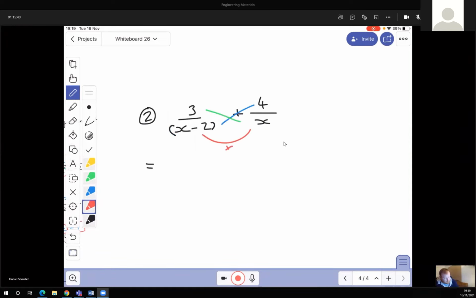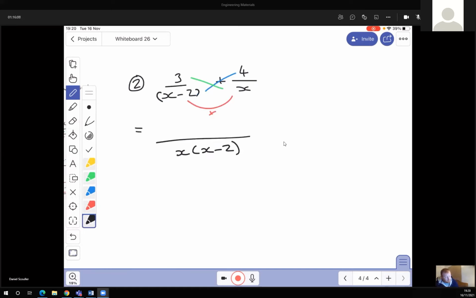Okay, so we multiply them together down the bottom to get our common denominator. Now, remember in algebraic functions, I've put the x on its own in front of the bracket, just because that's the way we'd write it, that's the way we're more familiar with. If you wrote the bottom expression the other way, you technically wouldn't lose any marks, but that's not the way we'd usually write it in math.